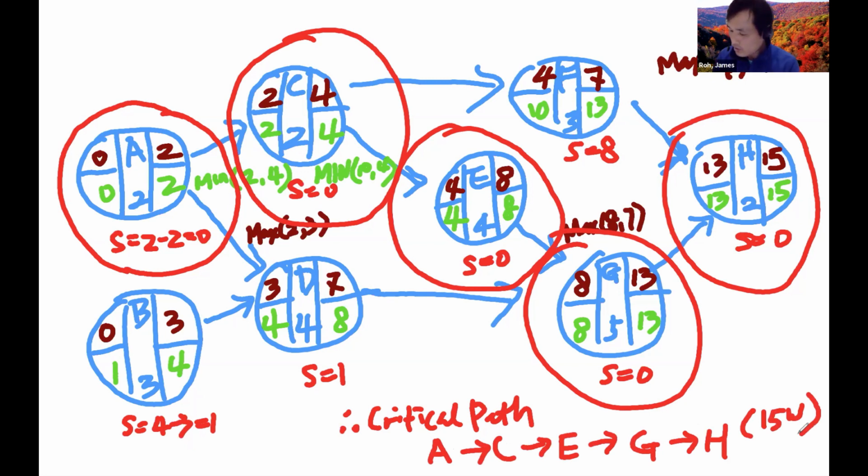So we can say the critical path for this project is ACEGH, and it takes 15 weeks for you to finish this project.